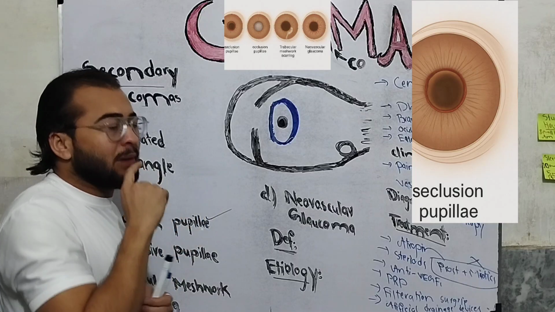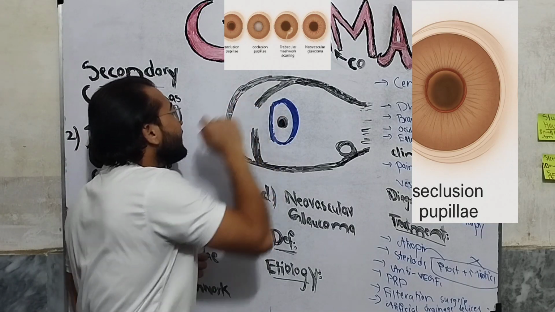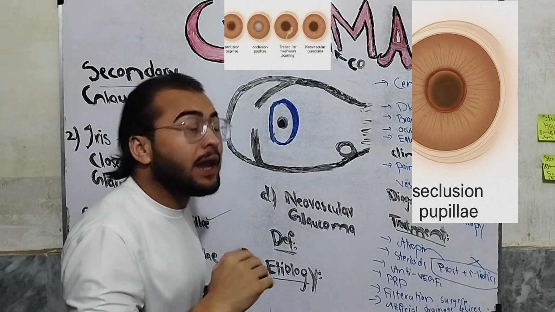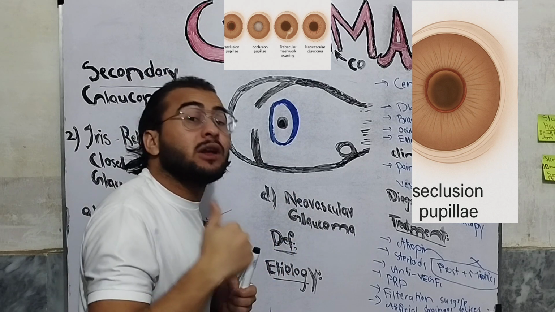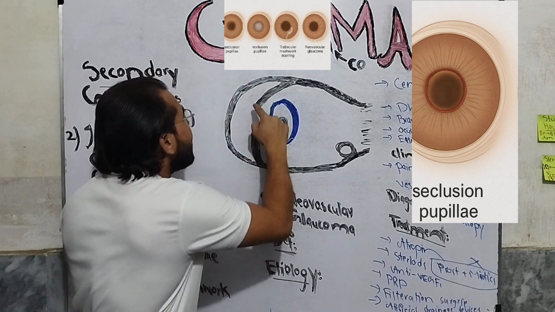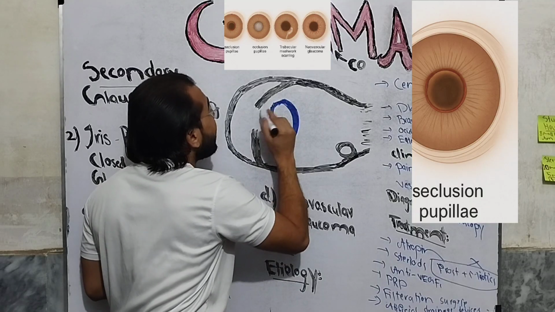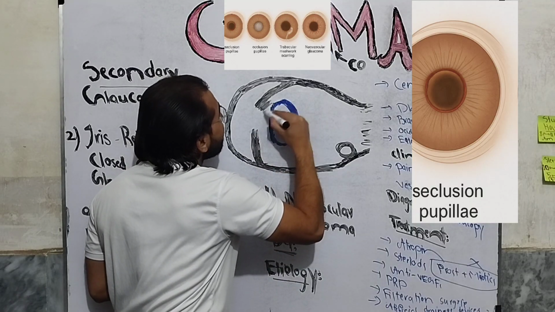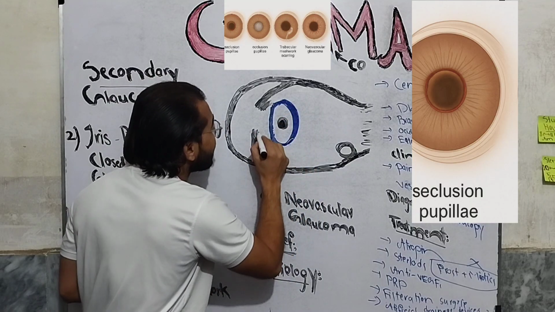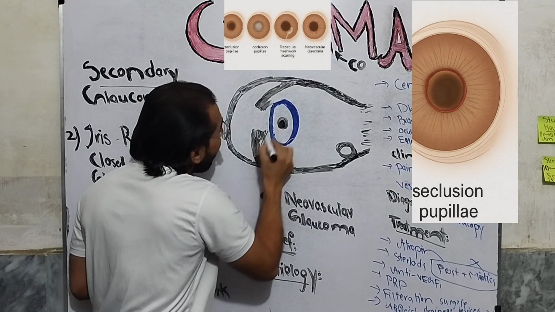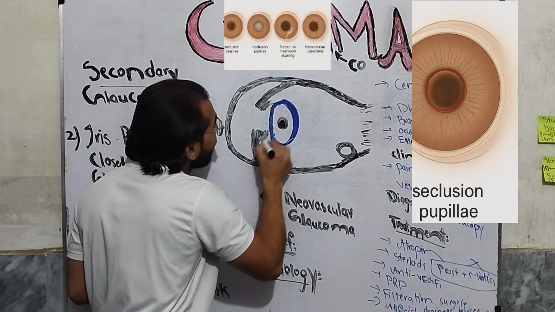What is seclusion pupillae? When there is inflammation of the iris, and when this inflammation is chronic or prolonged, what will happen? There will be adhesion between the iris and the lens, all over the 360 degrees of the pupil.